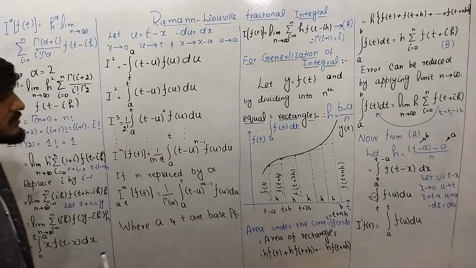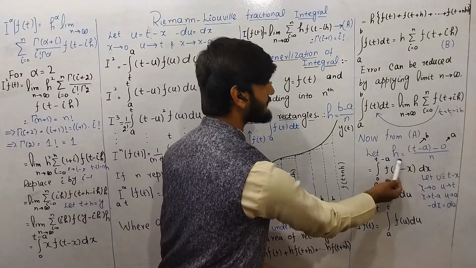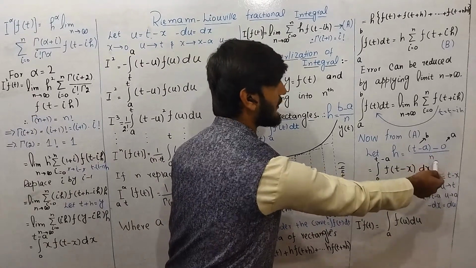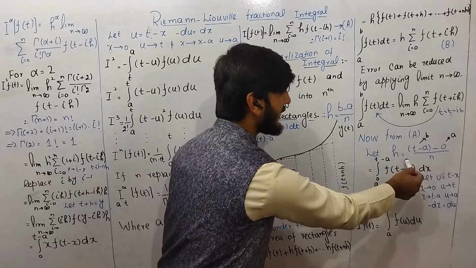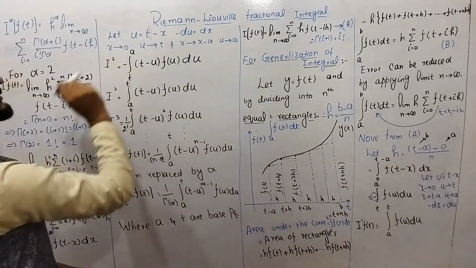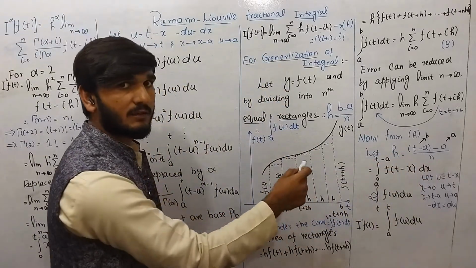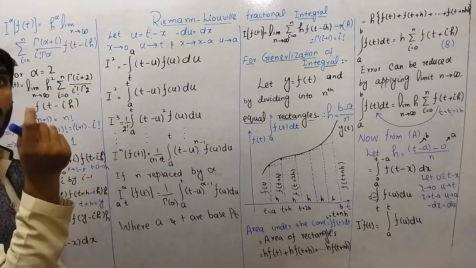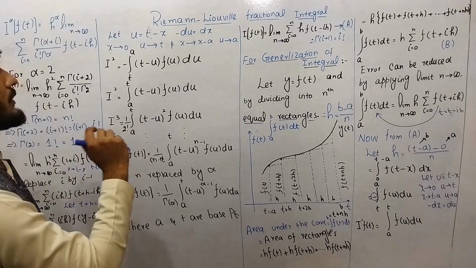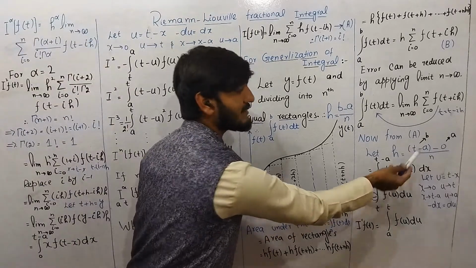If we make the same substitution of h here, t minus a over n, take h as the same here, because the partition of each rectangle is the same, so h will be the same.